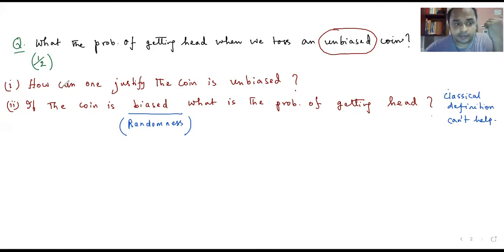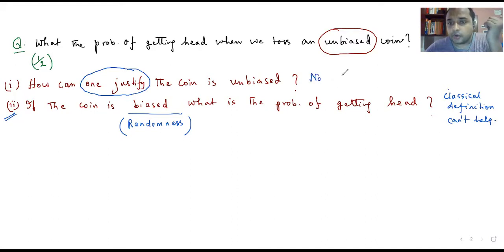So this is the first thing that I wanted to explain to all of you. The first fundamental question is, how can one justify that the coin is unbiased?